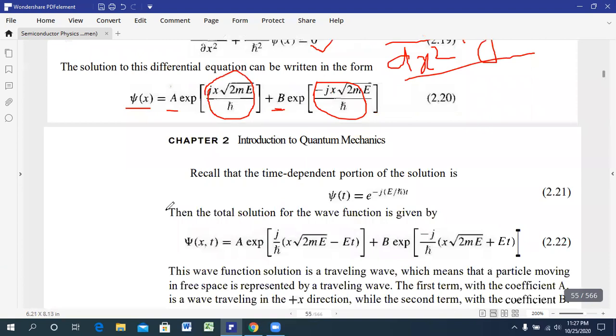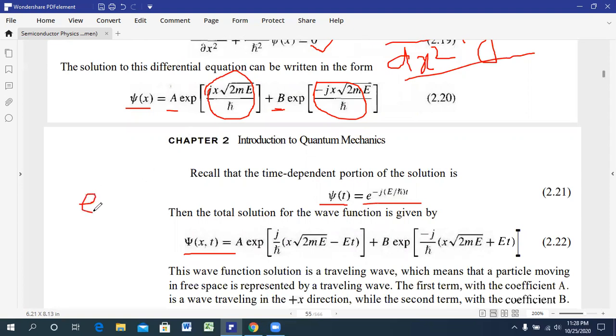Now if we recall the time dependent portion of these solutions, psi of t equals e to the power minus j E t divided by h bar. We have derived these equations previously, isn't it? Now the total solution should be psi of x and t. That means we are considering both the space dependent and the time dependent parts.